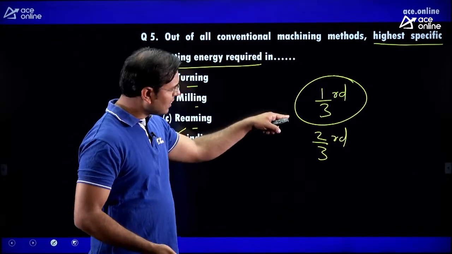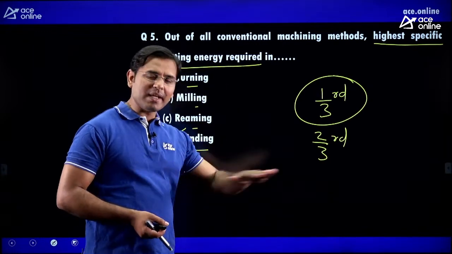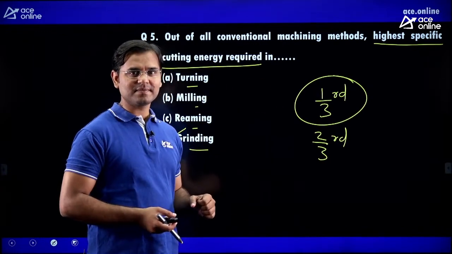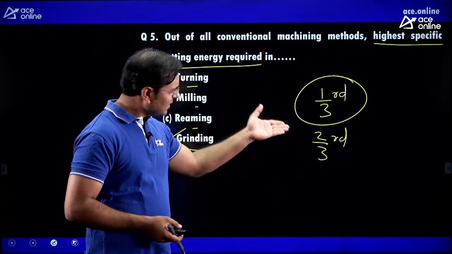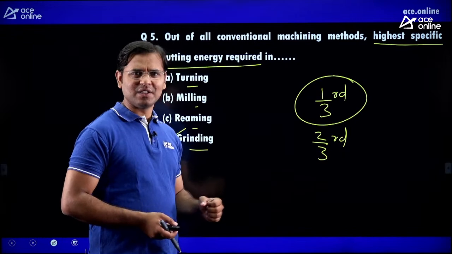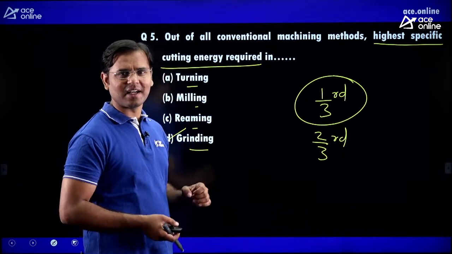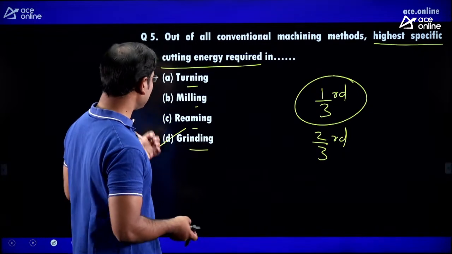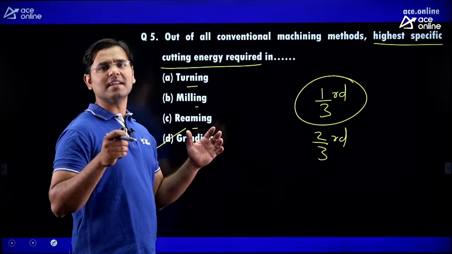Only one third is cutting the material, the two thirds is only rubbing at the workpiece. Understood? And because of that, wastage of energy is there. Two thirds is simply rubbing, not cutting any material, and therefore only one method, grinding, requires very high specific cutting energy.